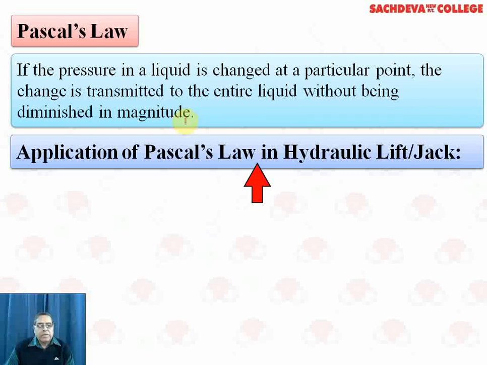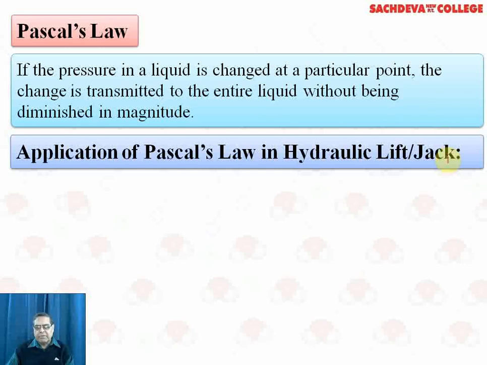Now we come to the application of Pascal's law in the hydraulic lift or a jack. Normally, in the case of a hydraulic lift, we have to pick up a very heavy load on a particular platform, and this is carried out according to Pascal's principle.